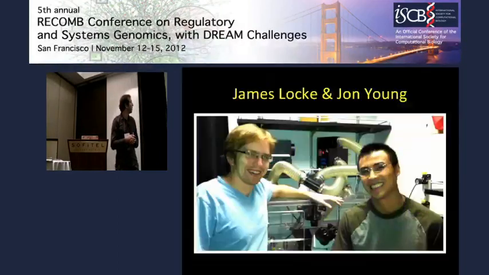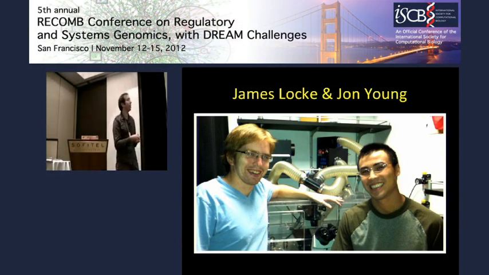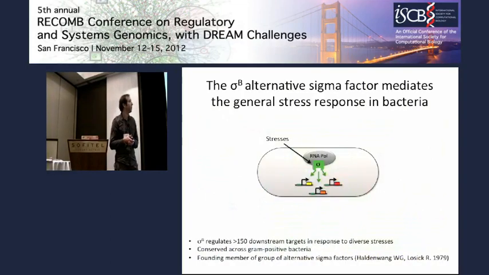Having seen that kind of dynamics in a number of experiments, we wondered what other dynamics might be hidden in this organism. And James Locke and John Young decided to look at a variety of other systems in Bacillus. The first thing they looked at was the general stress response.